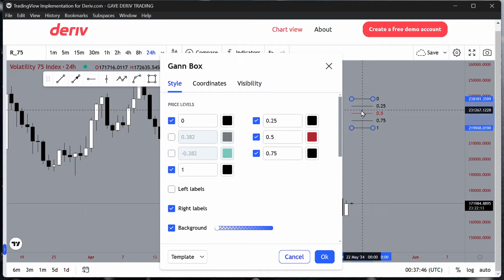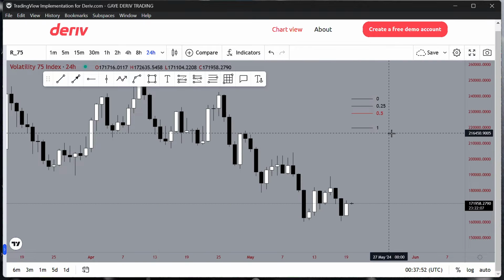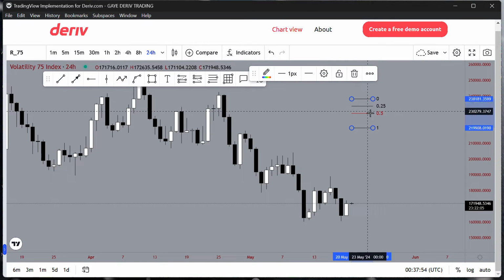So we get all the quadrants. I'll be using the 0.25, 0.5, and then 1 and 0 levels to grade the fair value gap. If you don't have this, you can use the Fibonacci tool and just modify the levels to get these levels.